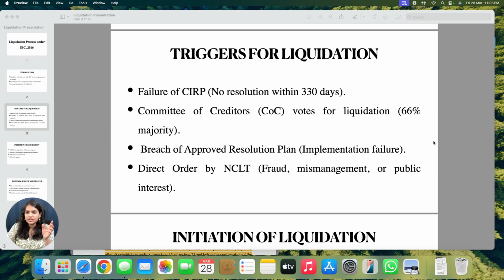So let us understand what the COC needs to examine before opting for liquidation.